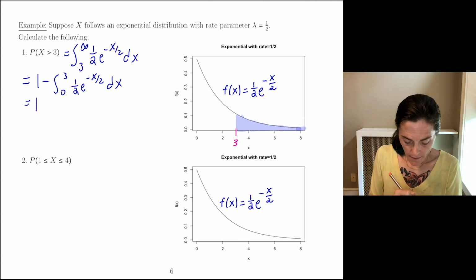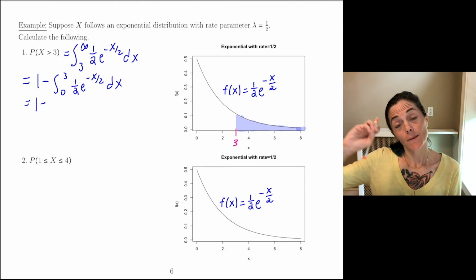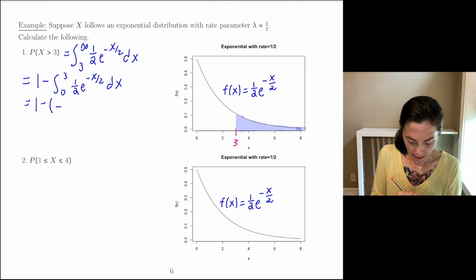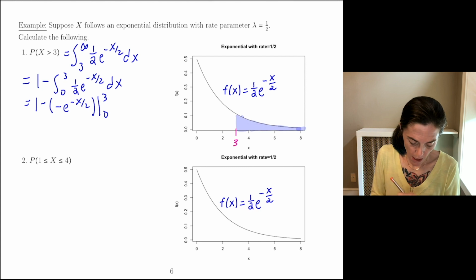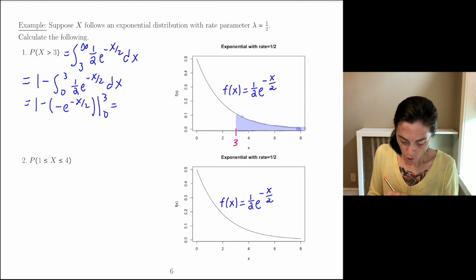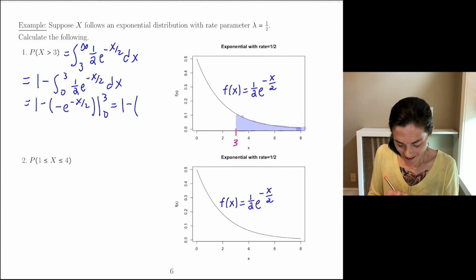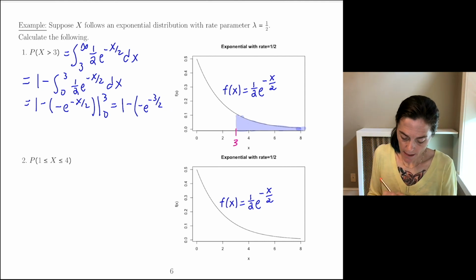All right, so when I integrate 1/2 e to the minus x over 2, I get minus e to the minus x over 2, and then I can evaluate between 0 and 3. This will be 1 minus, well, evaluate at the upper limit of integration, and then minus a minus becomes a plus, and then the lower limit of integration.